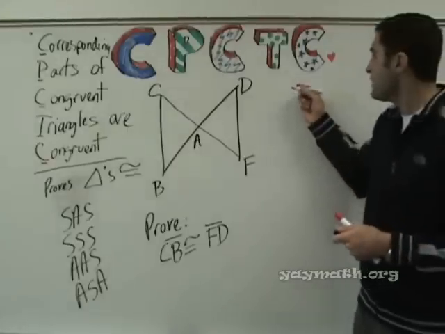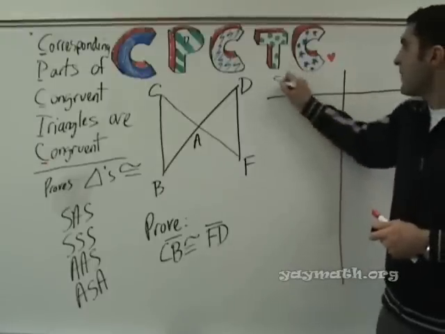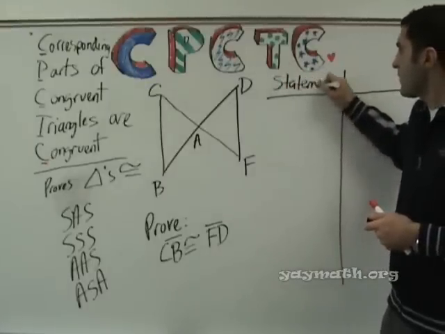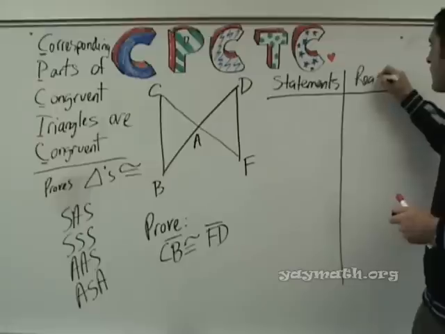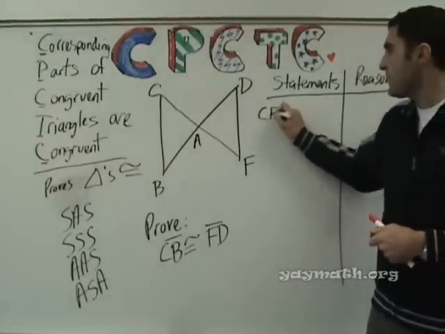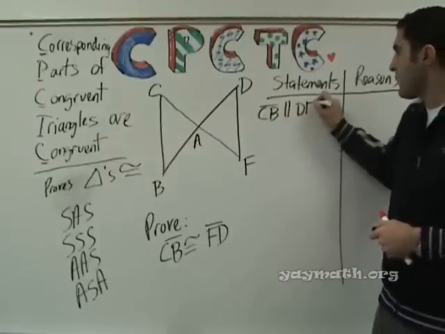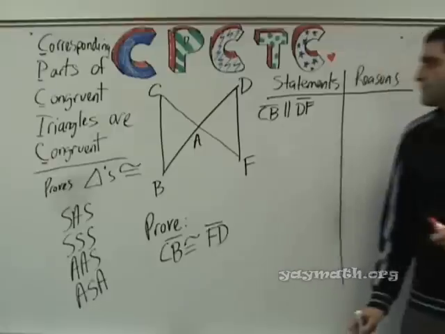Based on our given that we have here, statements and reasons. Okay, so based on the given, let's say CB is parallel to DF. That's one given.